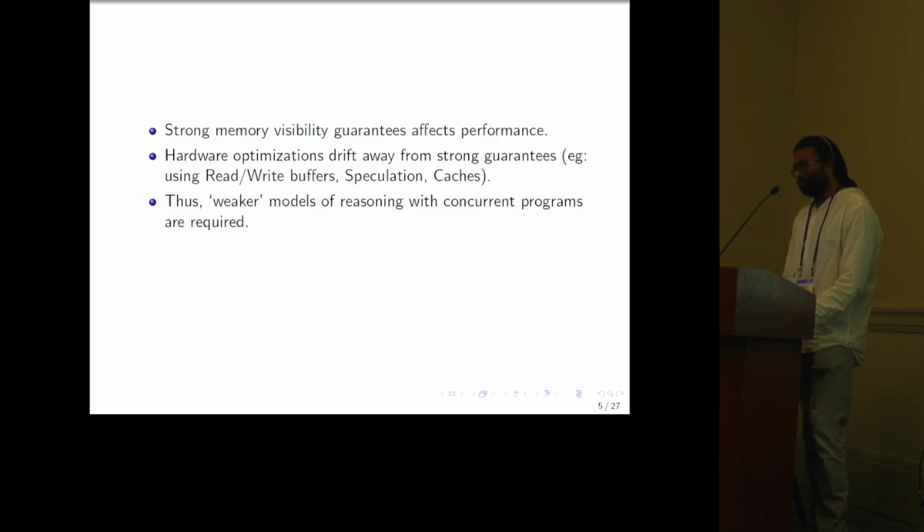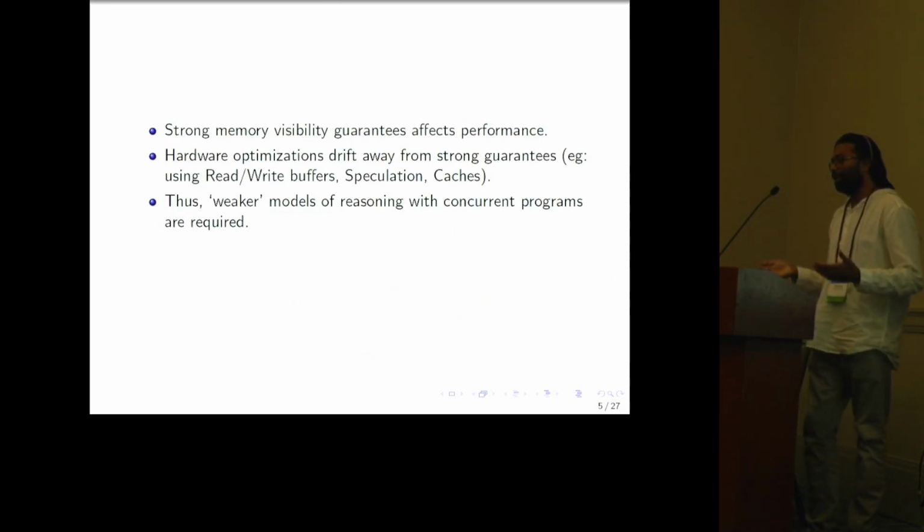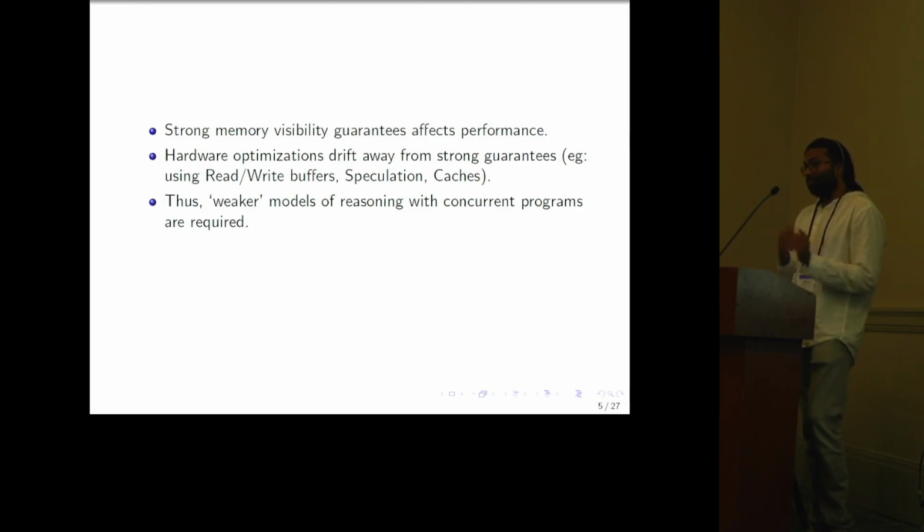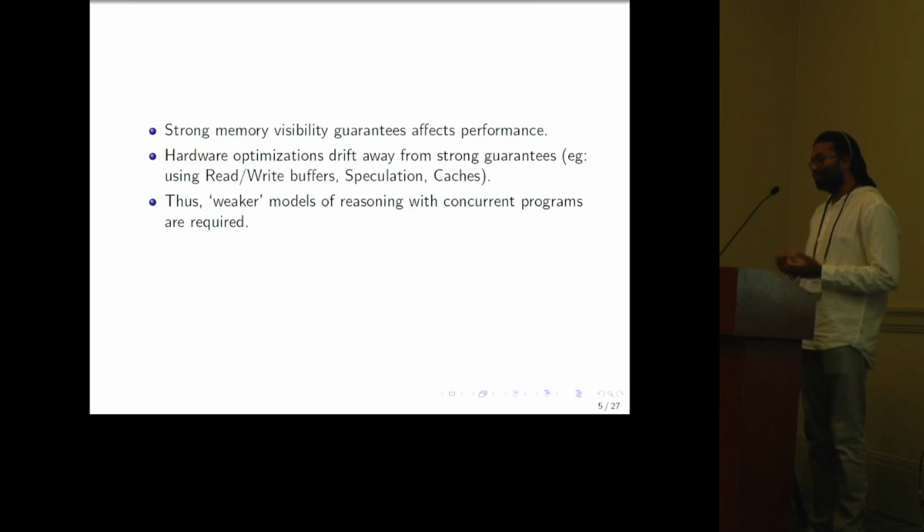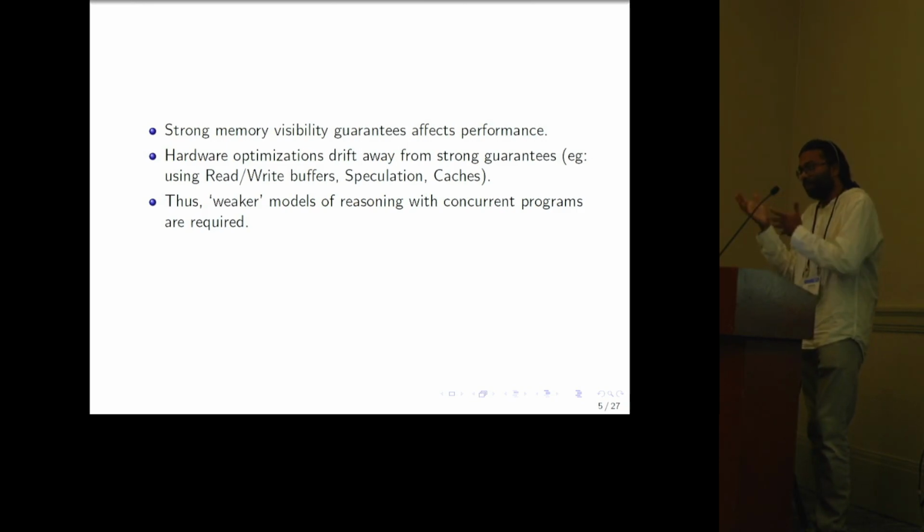Such strong memory visibility guarantees, that is, every CPU reading directly from the main memory, actually affect performance. Therefore, hardware today drifts away from such strong guarantees using various kinds of read-write buffers, sometimes speculation, and caches, etc. Thus, we have weaker models that drift away from sequential reasoning to talk about programs and how they behave.